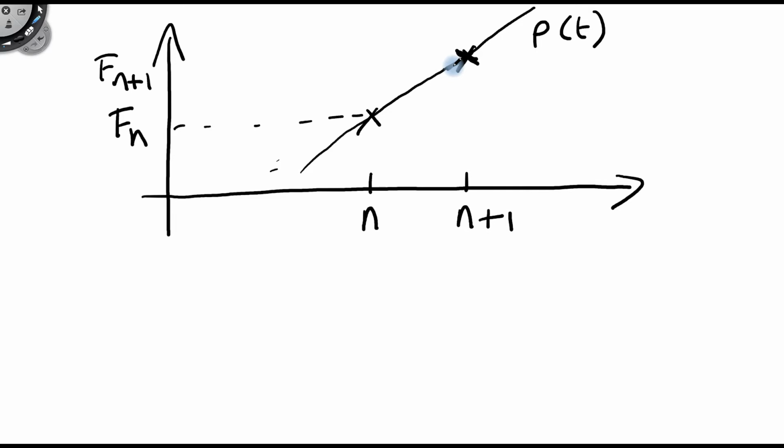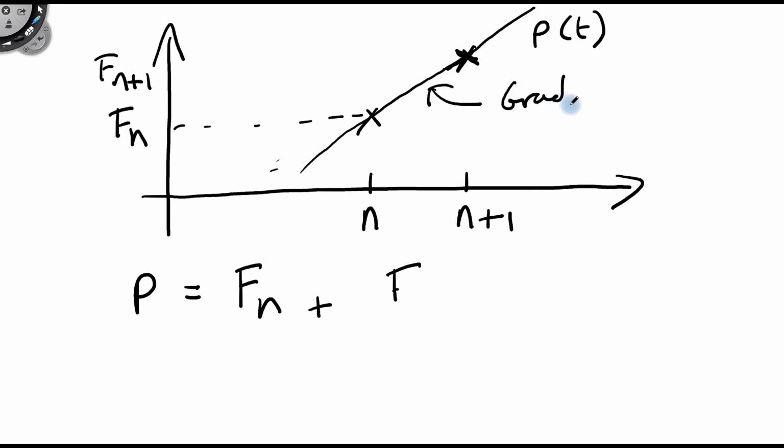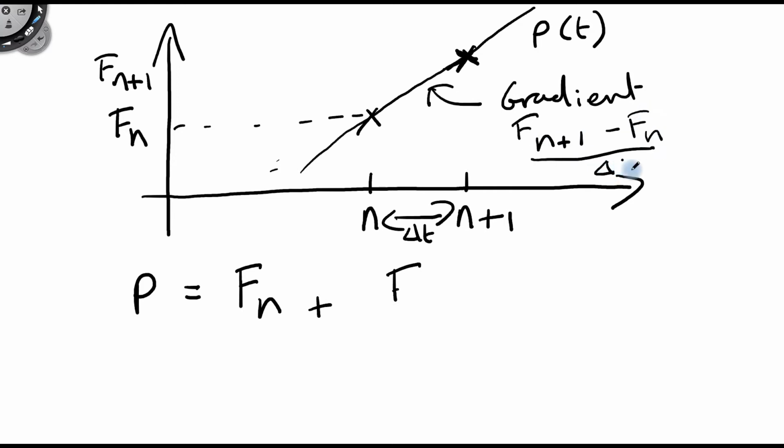So our polynomial is the function at the start point plus the gradient. The gradient of this thing, again, let's write it down. Remember, that's delta t, that distance there. The gradient is f of n plus 1 minus f of n, all divided by delta t.